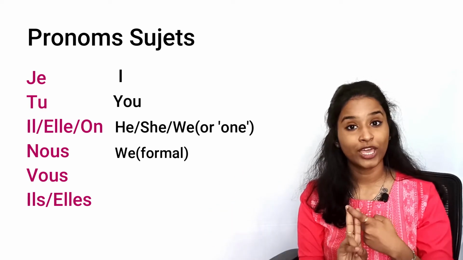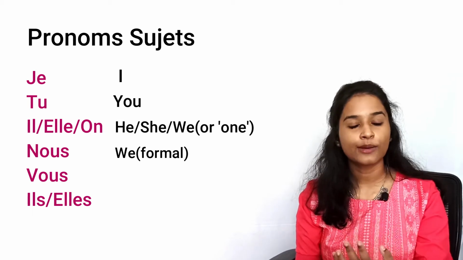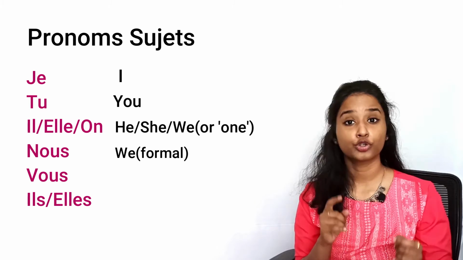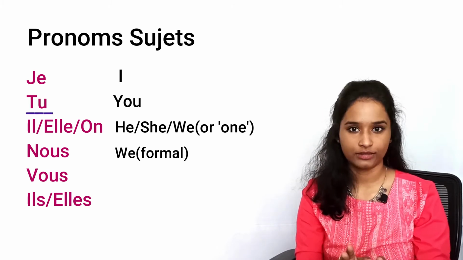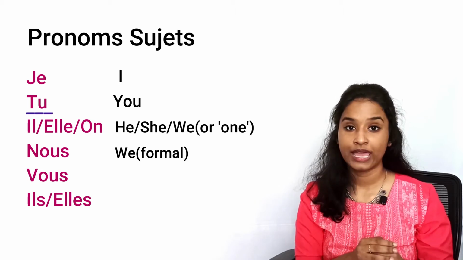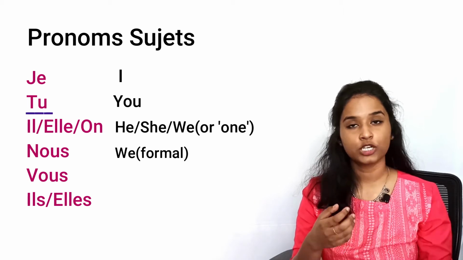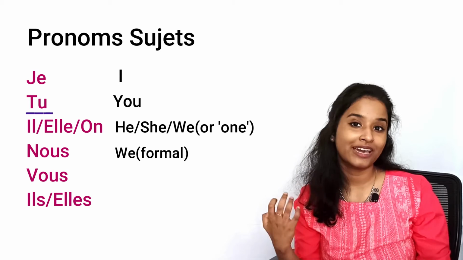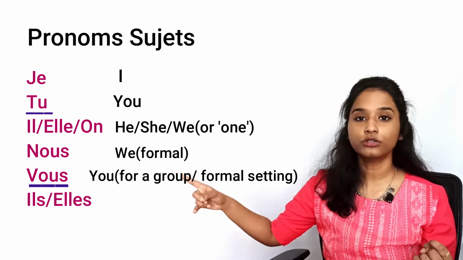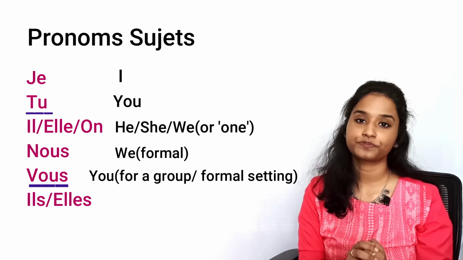And the second way of using aap is to address someone with respect. Now in French it's the same. So tu is like tu in Hindi. You can't miss it out. It sounds similar. Tu means you, and it is used to address a friend or someone you know, or maybe your parents or someone like that. Vous is a group of people. So when you're saying all of you, that is vous.